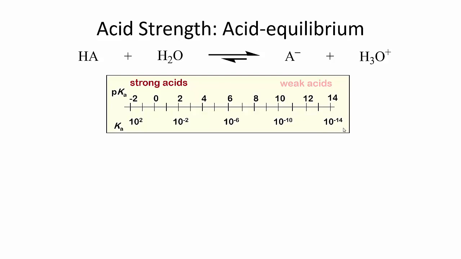But in non-aqueous solutions, these values can be like 10 to the minus 25, 10 to the minus 55, things like that. So you'll notice the scale: strong acids' pKa's will be negative. And for weak acids, larger positive numbers represent weaker acids.